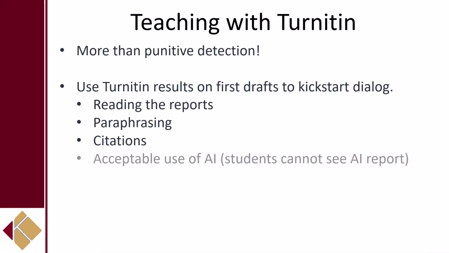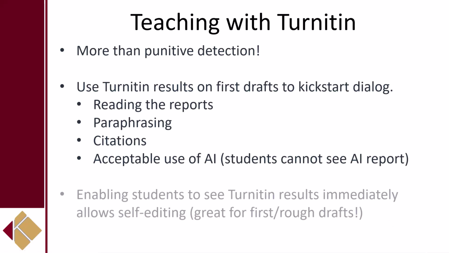Similarly, examining the AI report together with your students can be a great way to begin a discussion on acceptable use of AI in the classroom environment. Lastly, enabling students to see Turnitin results immediately allows students to self-edit, which is great for first or rough drafts of assignments. Just remember, don't select Index All Submissions until the final draft.